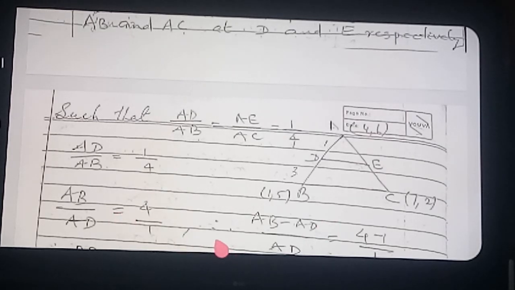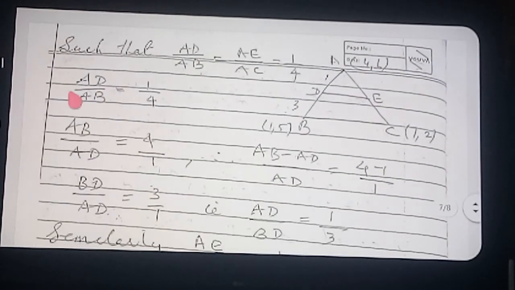See the points. How to find the ratio? AD by AB you already know is 1 by 4. Invert it. What will happen? AB by AD is equal to 4 by 1.